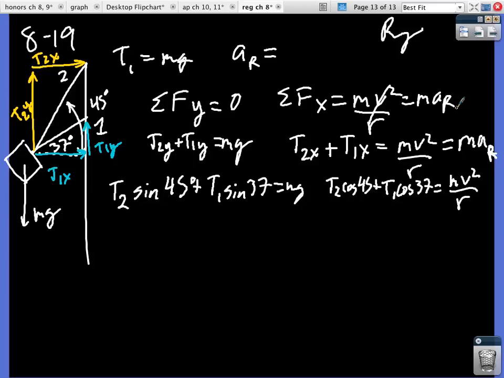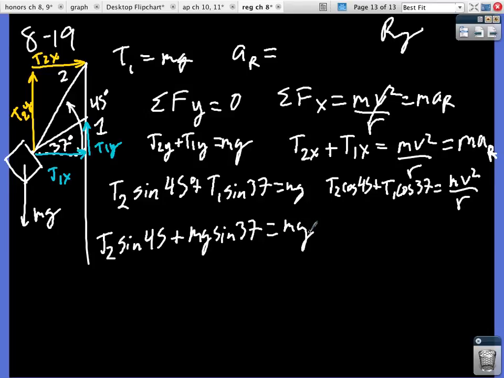So it looks like, oh, and since I know that t1 is mg, that gives me t2 sine 45 plus mg sine 37 equals mg.